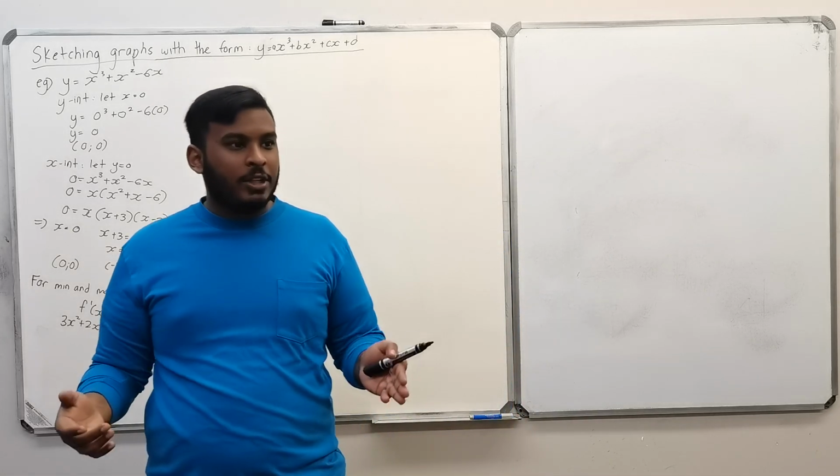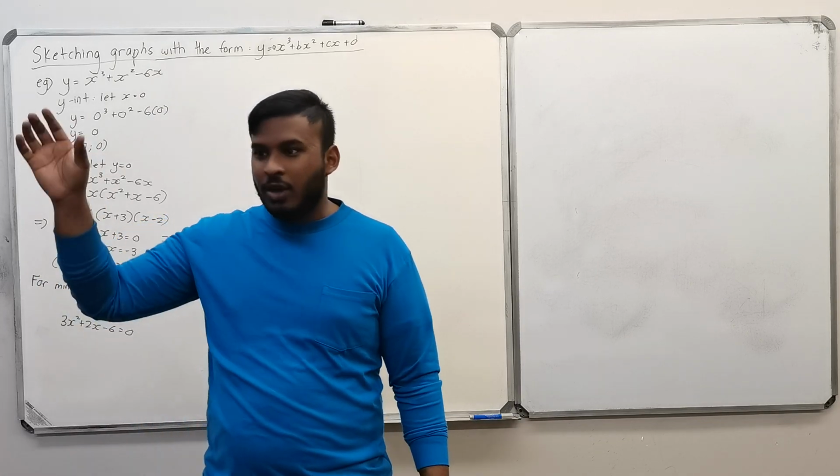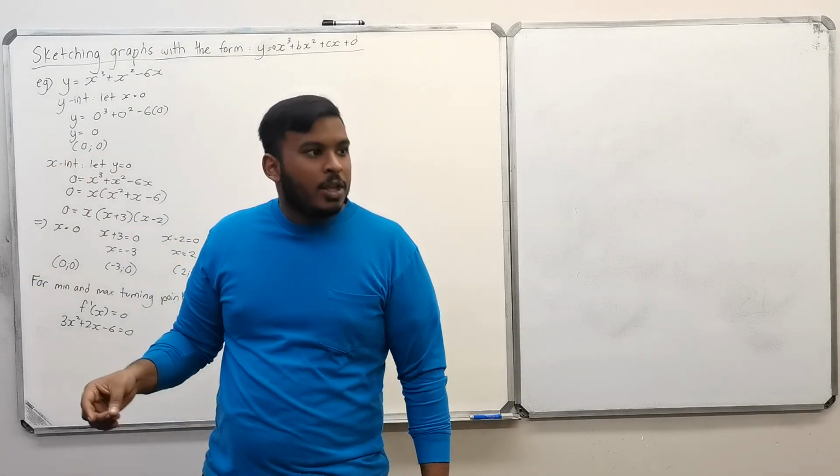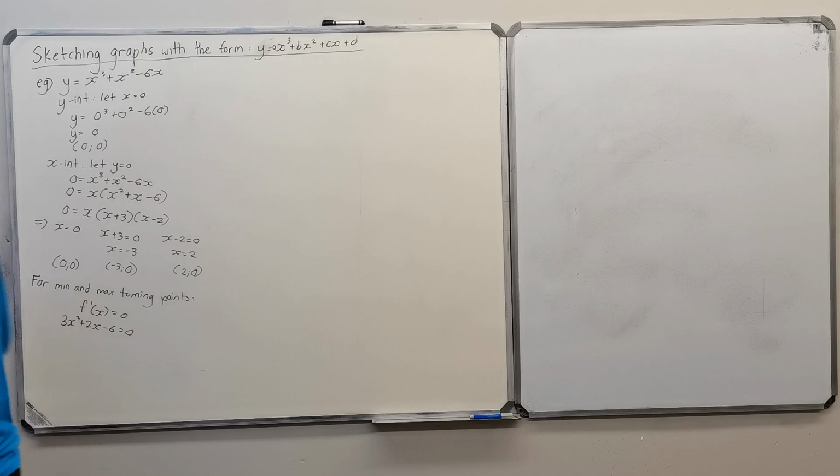So you're going to see on your calculator a column that has a, a column that has b, a column that has c. So in your a column, you're going to press 3, you're going to press equals. It takes you to your b column. Then you're going to press 2, you're going to press equals. Takes you to your c column. You're going to press minus 6. Don't forget the minus sign, right? Equals. And then it's going to give you x1 and x2.